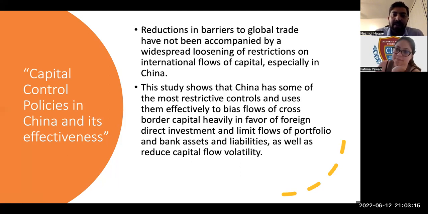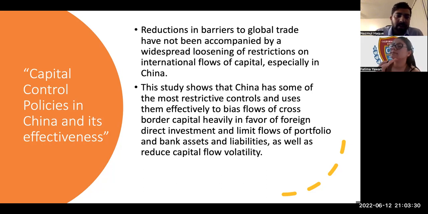Basically, the reduction in barriers to global trade has been accompanied by widespread loosening of restrictions on international flow of capital, and especially in China.